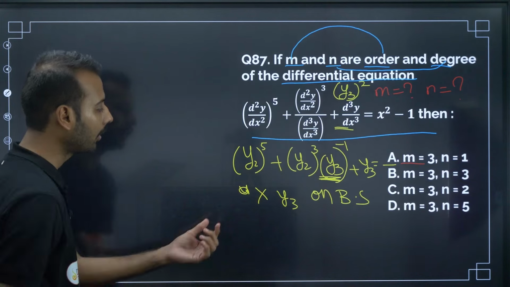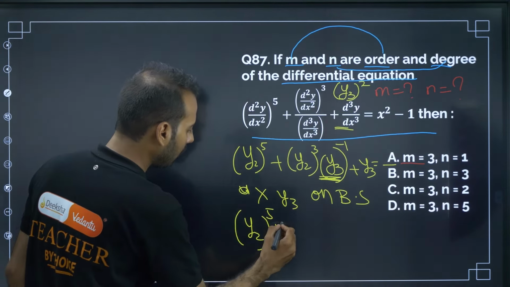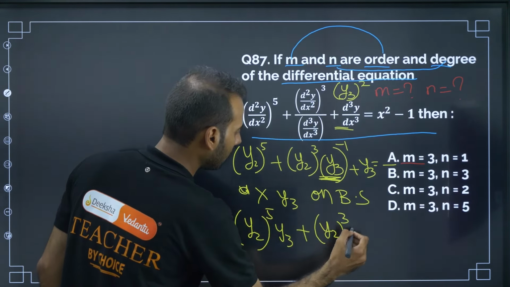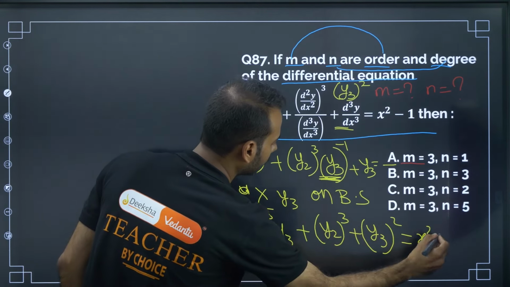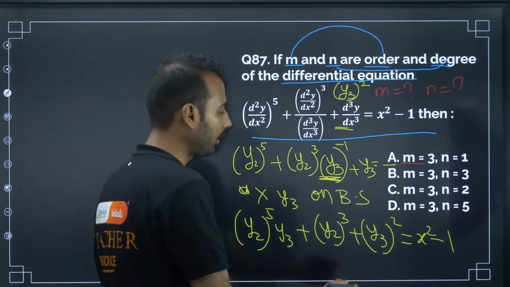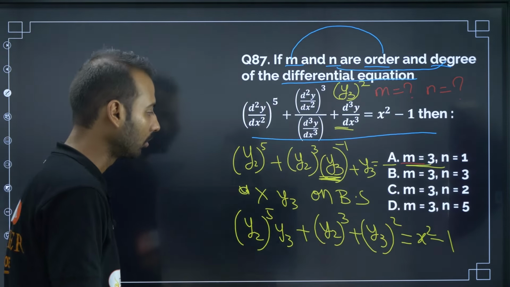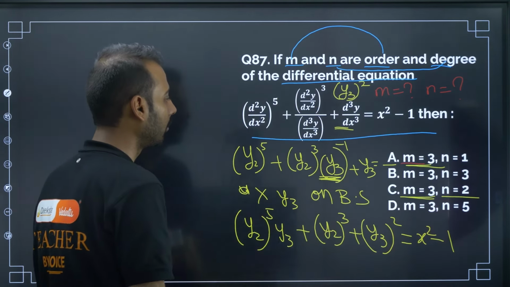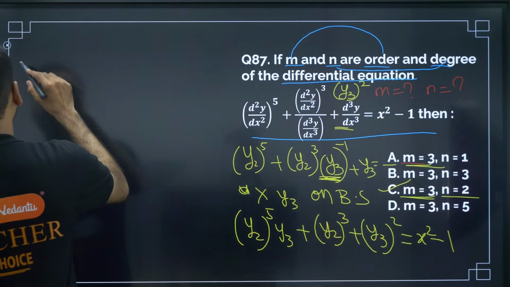So this is y2 by y3 plus y2 cube plus y3 is equal to something. Now for that, m is equal to 3, n is equal to 2. Then is there any such option? Yes, C is the answer for this. Moving on to next question.